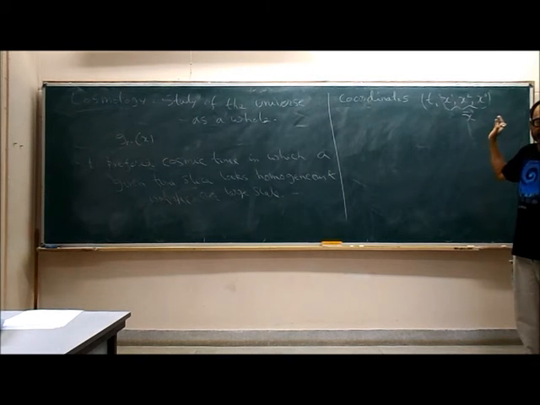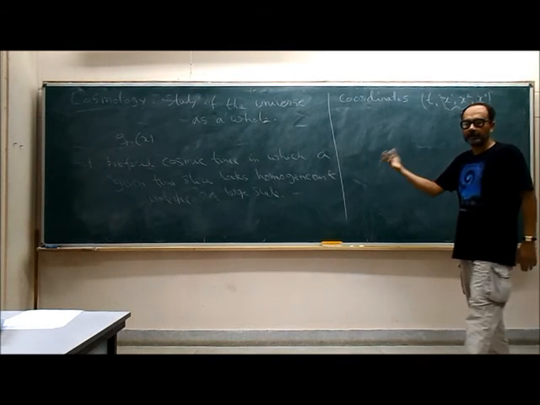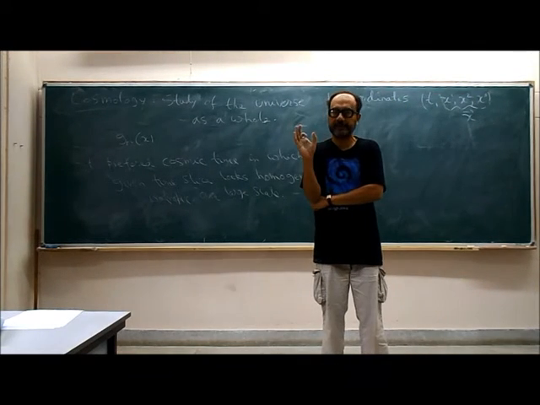Space coordinates at this stage do not have any preferred coordinate system. Only the time is preferred. So any further coordinate transformation that you have to make to simplify things will involve the space coordinates, but we are not going to change time.